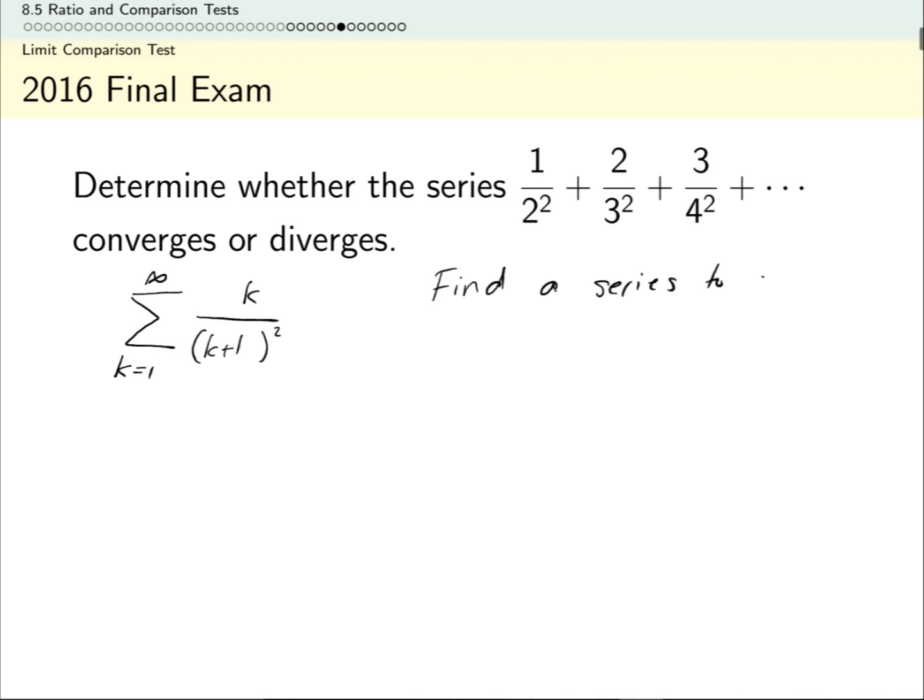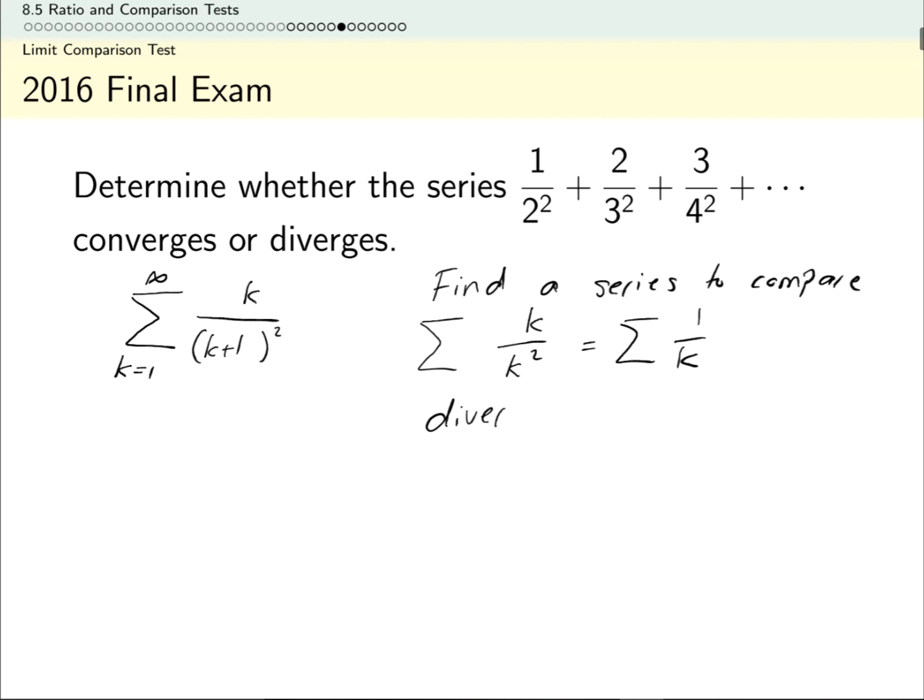Now we need to find something to compare it to. My standard trick is I'm going to avoid the lower degree parts of a polynomial. I bet that when k is quite large, k and k plus 1 behave kind of similarly. So the comparison series I'm going to use is the harmonic series.